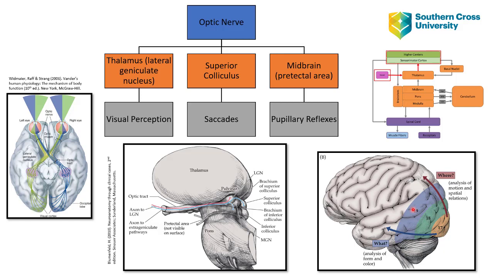And different pathways are doing different things, but two major pathways that are important, especially for motor control, are the what and where pathways. So the what pathway we call the ventral stream, and it comes down through the inferior portions of our temporal lobe.